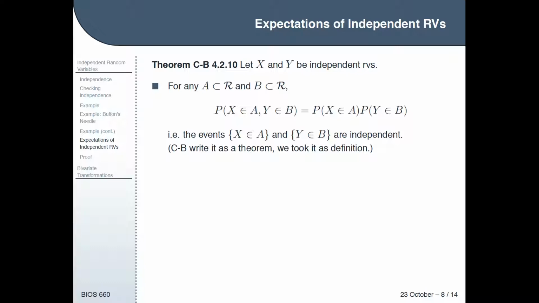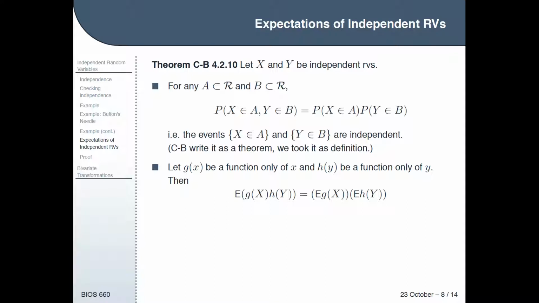The point is that the probability that x is an element of some subset and y is an element of some subset is just equal to the probability that x is in that subset times the probability that y is in that subset, which is equivalent to saying the events corresponding to those, the set of omegas in the original outcome space such that x of omega is in A and the corresponding event for y, are independent of one another. Casella and Berger use a slightly different definition of independence, so they proved this as a theorem. We just took this to be our definition of independence.